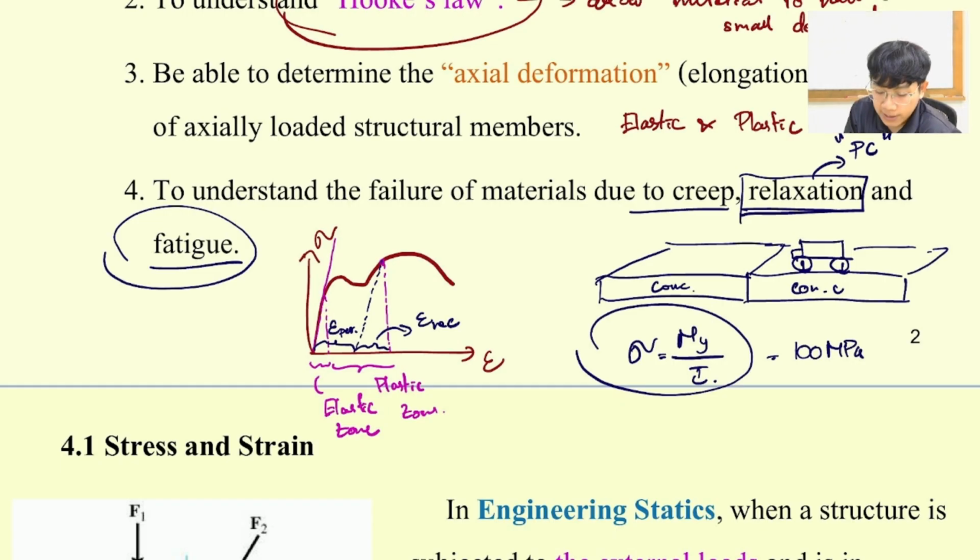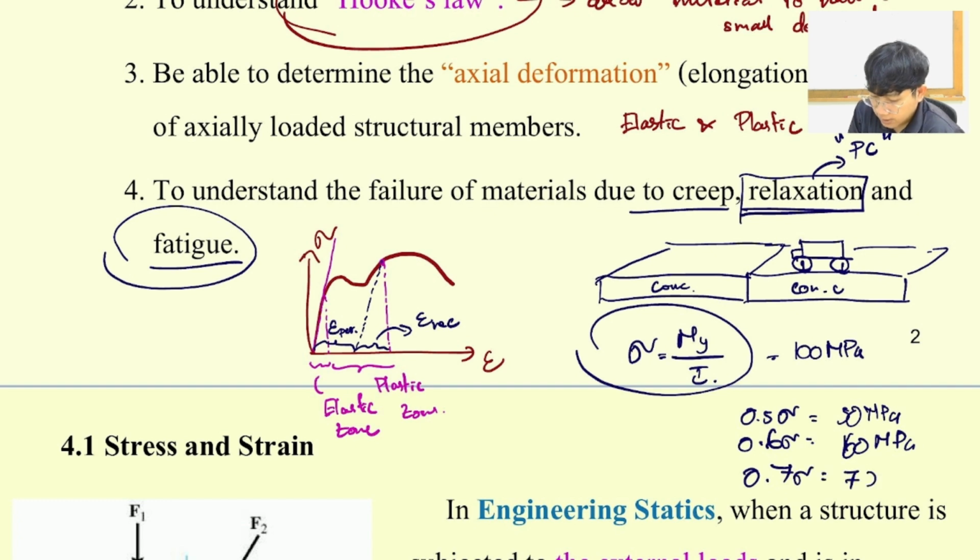I'm going to pick just 0.5 of my sigma over here, which is 50 megapascal, and 0.6, 60 megapascal, and 0.7 of my stress equal to 70 megapascal. After I test my flexural stress, I'm going to apply just 0.5, 0.6, and 0.7 to the concrete sample, which means I test the sample like this.